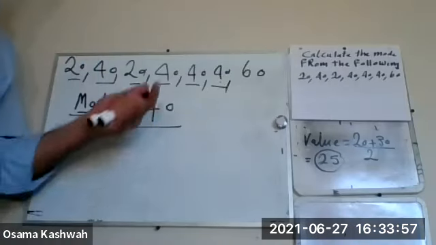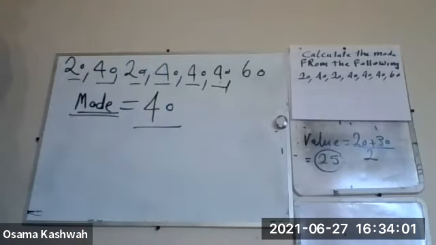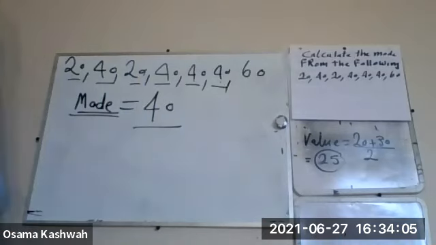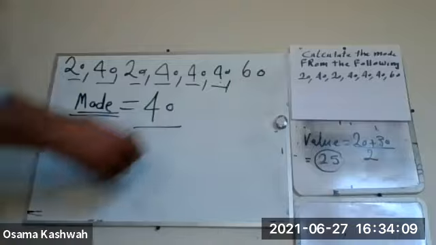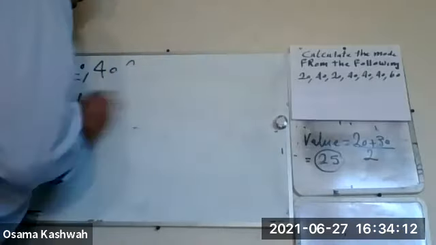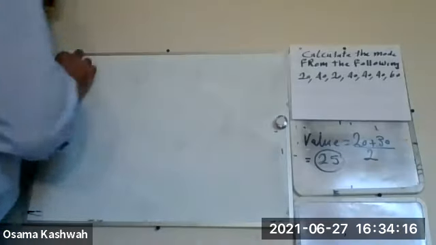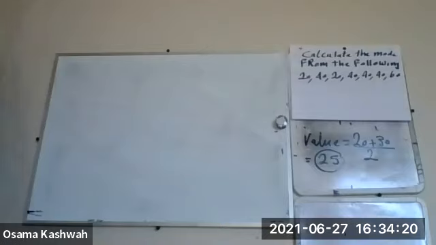The mode is the value which is more repeated in the whole series of randomized data. Randomized means the series of data is not tabulated and not organized.